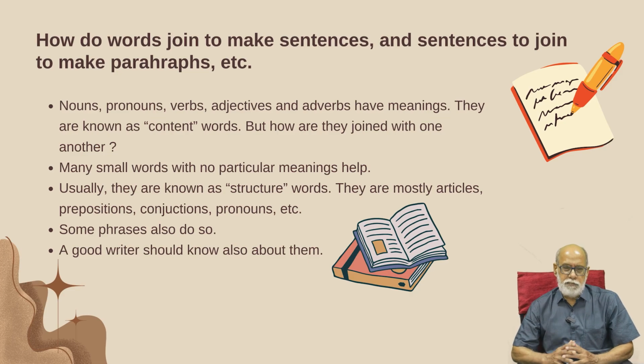These are different kinds of words. But not all of these words do the same function. Nouns, pronouns, verbs, adjectives, and adverbs have meanings. But how do they come together? What glues them? What brings them and keeps them together?